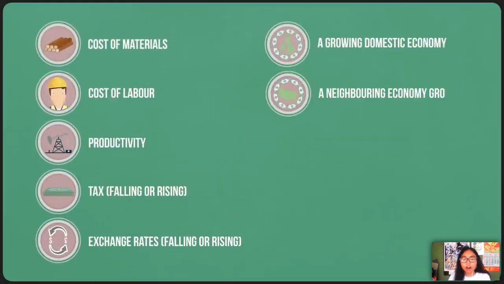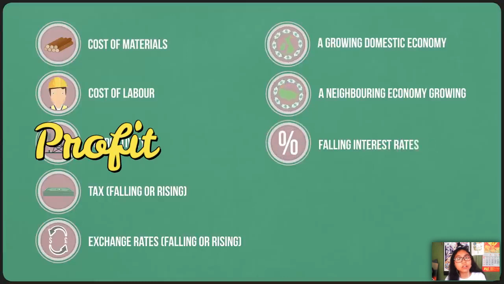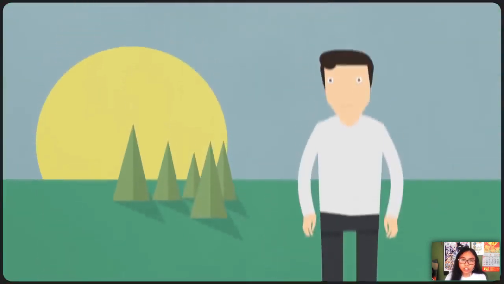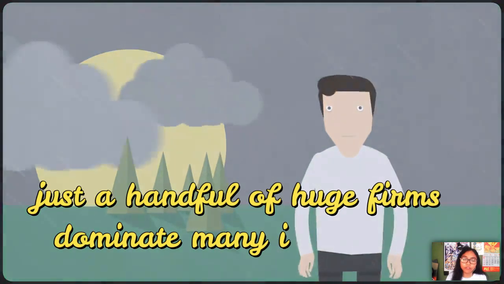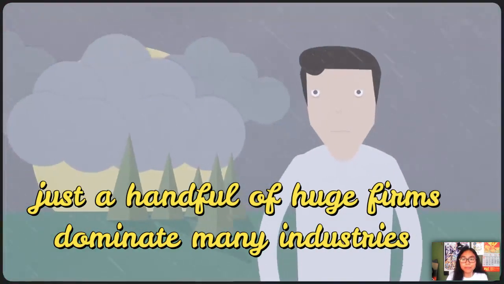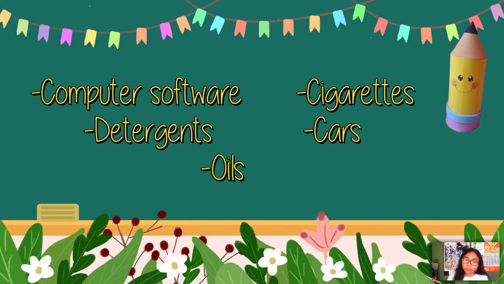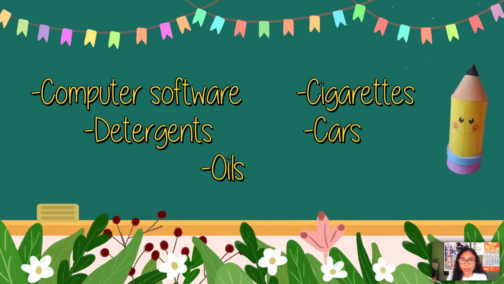A variant of the cost push inflation is the profit push inflation, because just a handful of huge firms dominate many industries. For instance, computers, software, cigarettes, detergents, cars, and oil.